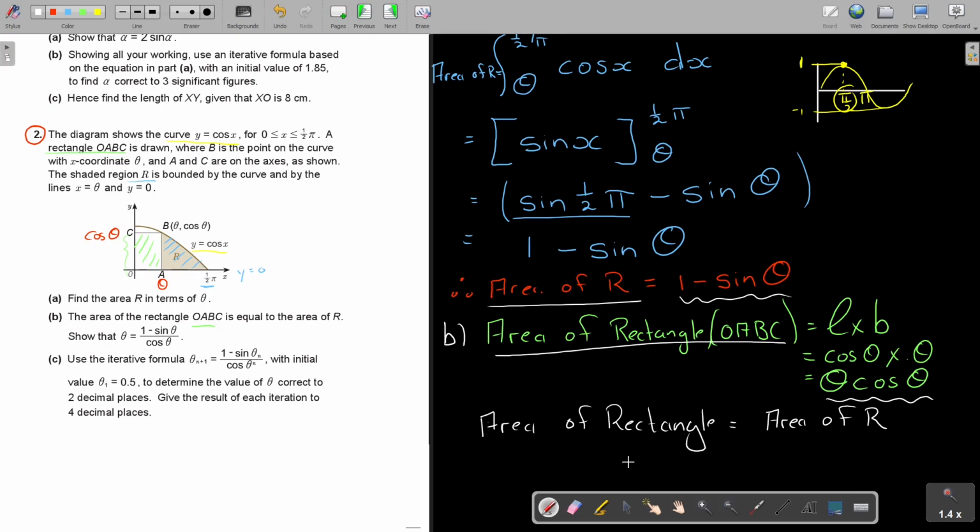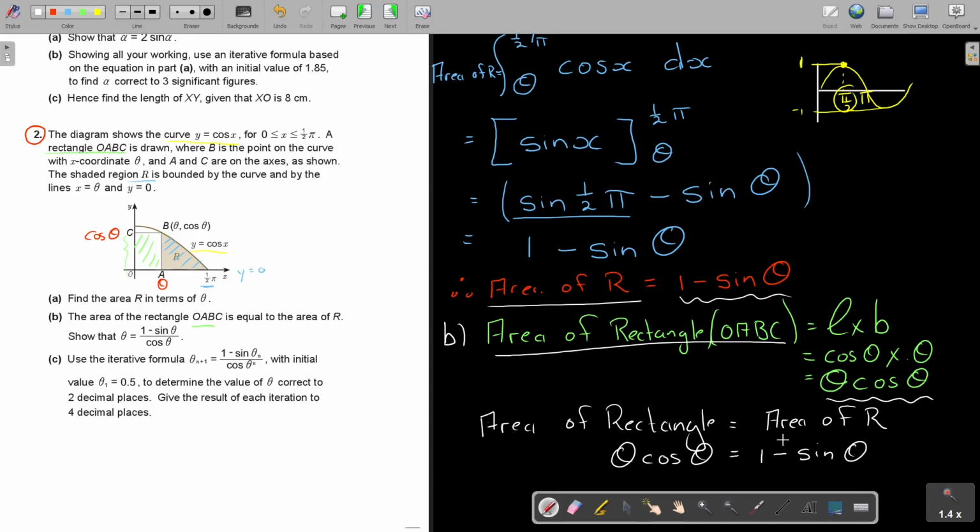It is going to be this one. So theta, not plus, it's multiply, sorry. Theta cos theta is equal to 1 minus sin theta.